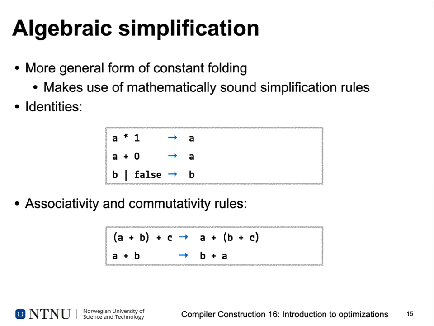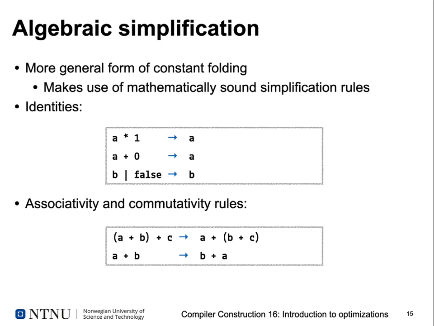So in addition, we can do more things that are very similar to our constant folding. The more complex thing is algebraic simplification, which is just a more general form of constant folding. This makes use of mathematically sound simplification rules. So for example, identities. We know that a times 1 is a, that a plus 0 is always also a, or b or false is also b in any case. And you can also use some more advanced rules like associativity and commutativity rules.